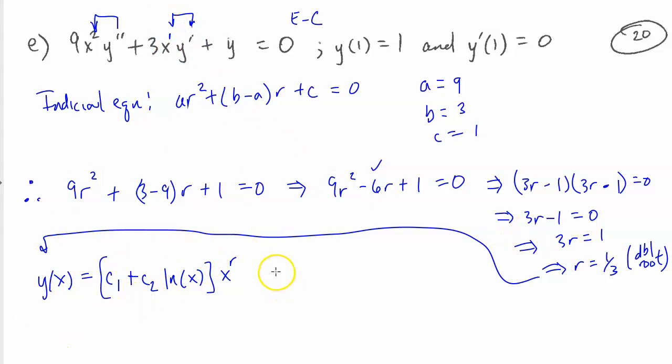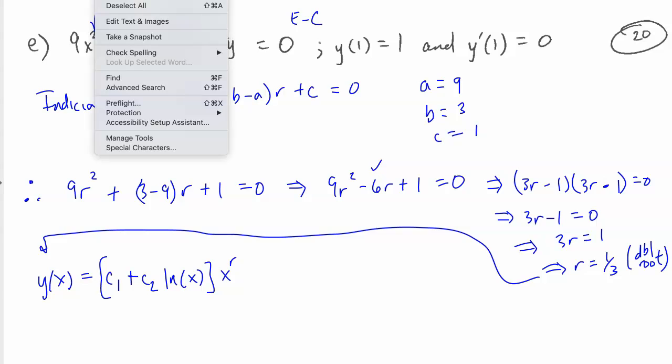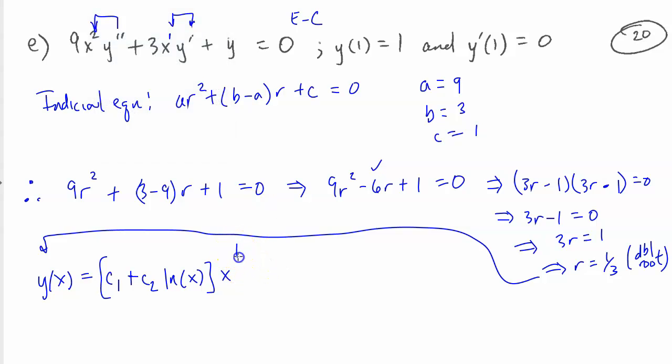So I'll go ahead and just write in the 1/3 right there. Okay, so that is our general solution. Remember that x raised to the 1/3 is the same as cube root. So I'm going to rewrite it that way because it may be advantageous for us to use it in that form, or maybe easier for you to picture what's going on in that form as we use this for our initial conditions.